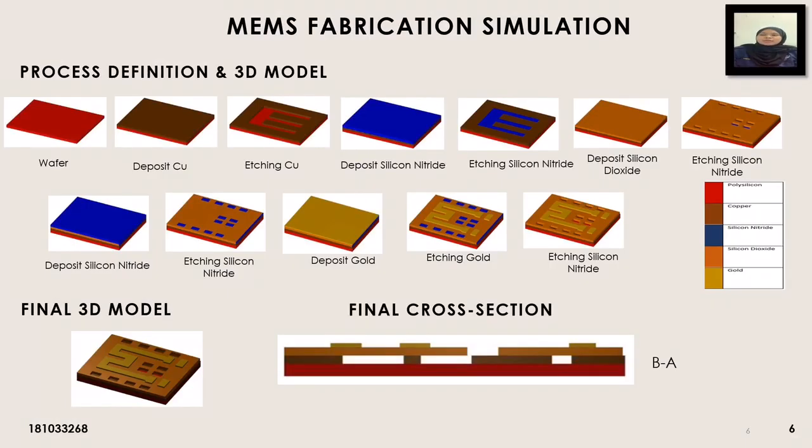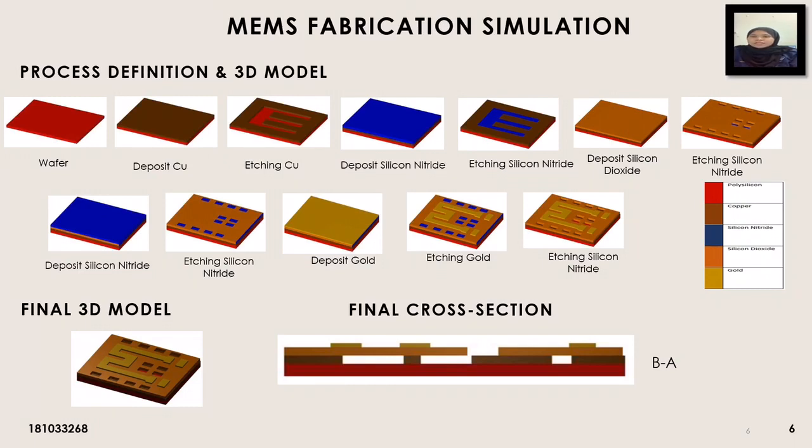For this slide, I will present the MEMS fabrication simulation. For our project, we start with the wafer and then deposit the copper, etch the copper, deposit silicon nitride as a sacrificial layer, and then etch the silicon nitride, deposit silicon dioxide, etch silicon nitride, and then proceed back with depositing the silicon nitride, proceed with etching silicon nitride, continue with depositing gold, and then etching gold, and lastly etching the silicon nitride.